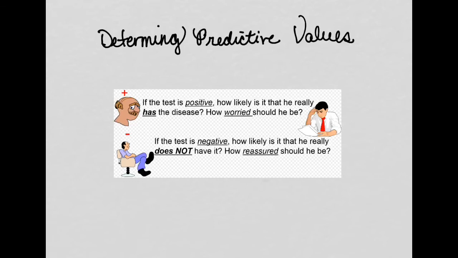Versus the opposite, if a test is negative, how likely is it that he does not have it? How reassured should they be? Another example, doing a breast biopsy and it comes back negative: if it has a high negative predictive value, that would tell me this person would go home feeling pretty confident and much better that the biopsy came back negative.